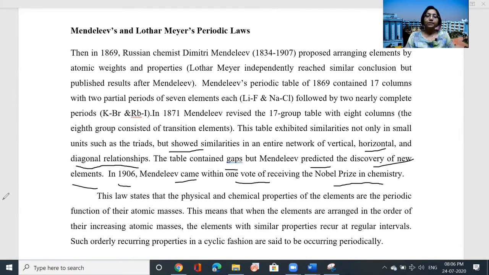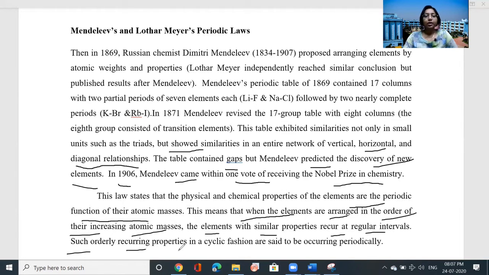This law states that the physical and chemical properties of the elements are a periodic function of their atomic masses. This means that when the elements are arranged in the order of their increasing atomic masses, elements with similar properties recur at regular intervals.